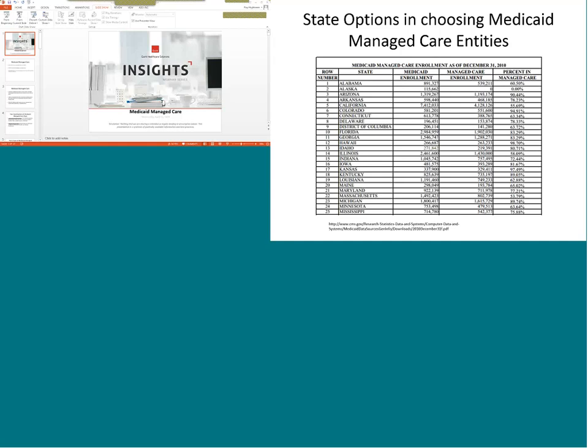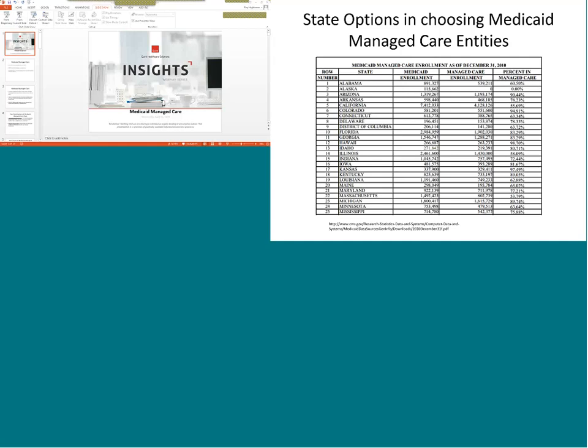As you can tell, California has quite a large Medicaid enrollment population, and of that, 55.69% are enrolled in a managed care plan. Florida has close to 3 million Medicaid enrollees, and of that, 83% are enrolled in this type of managed care plan.